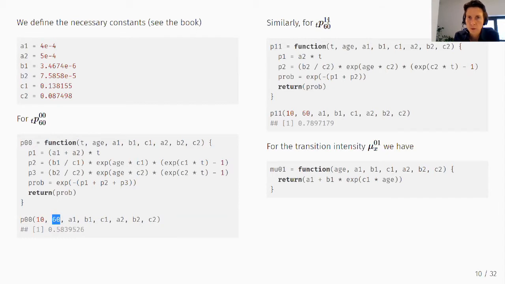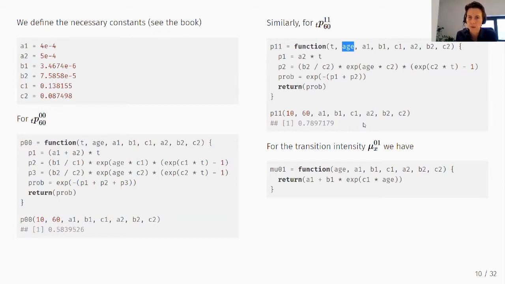So we do the same for the probability to stay in the disabled state, exactly the same kind of thinking, put everything in a function, and let this function take as arguments the t, the duration considered, and the age from which you start. And then I'll do a check. I calculate the 10-year probability of staying in the disabled state, and I get here this outcome of almost 80%.